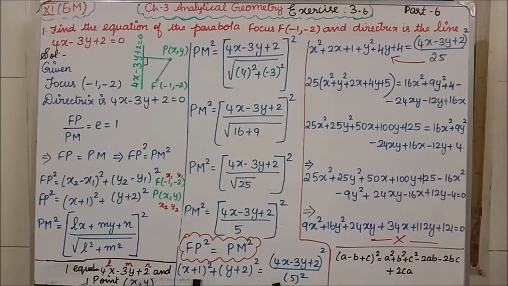Then 100y, then 100 plus 12 is what? 112y. Then still we have the xy term, which is plus 24xy. Then afterwards the last constant. Students, first x square, y square, xy, and then constant, like that format we have to write. Clear? This equation is the required equation of the parabola. Students, are all of you clear on this question?